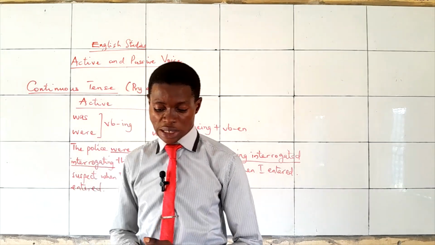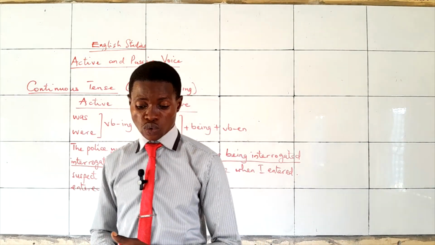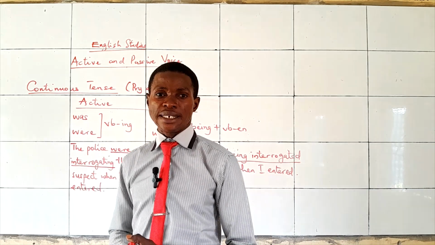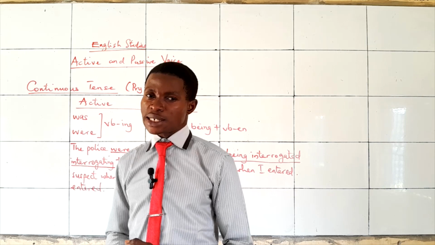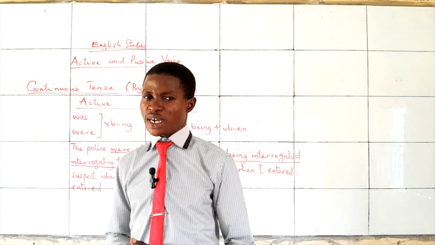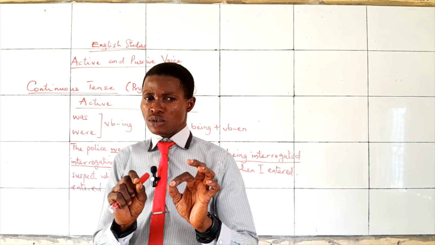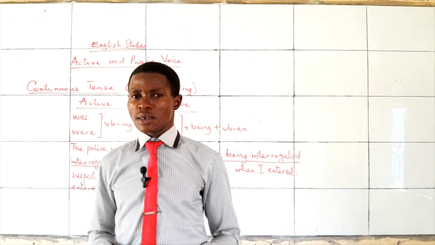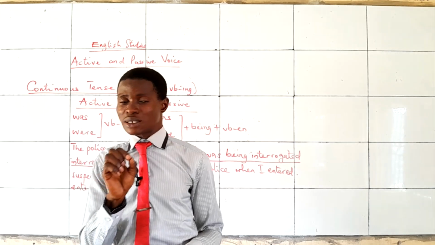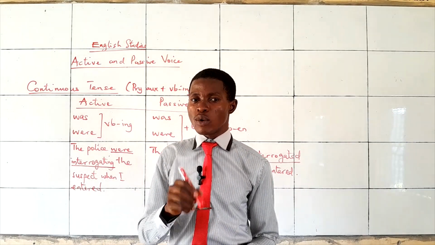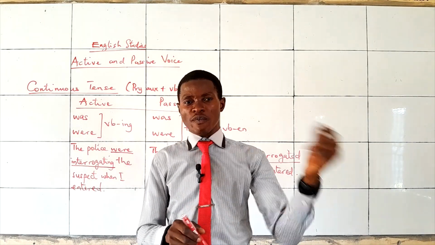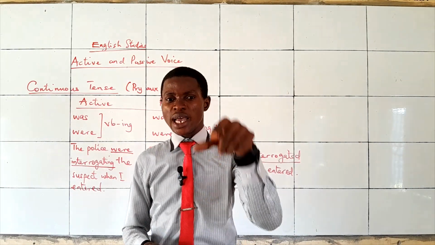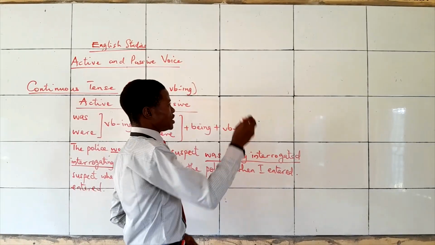Now, the first question that I want us to take note of is this. The girls are dancing. Is that even worthy of being converted to passive? You might need to think of that. If you take a good look at it, you can see that that sentence is not a type that you can convert from active to passive, because the final verb used there is not a transitive.